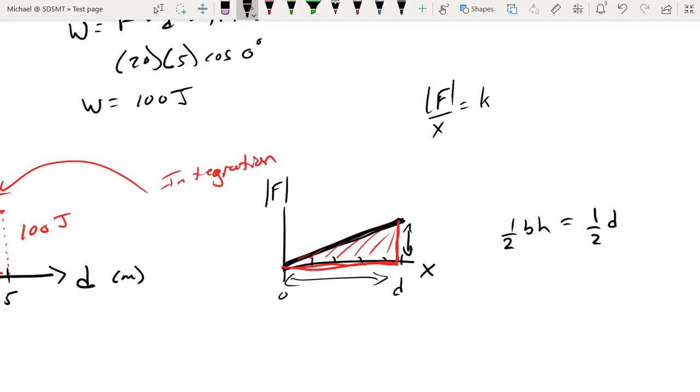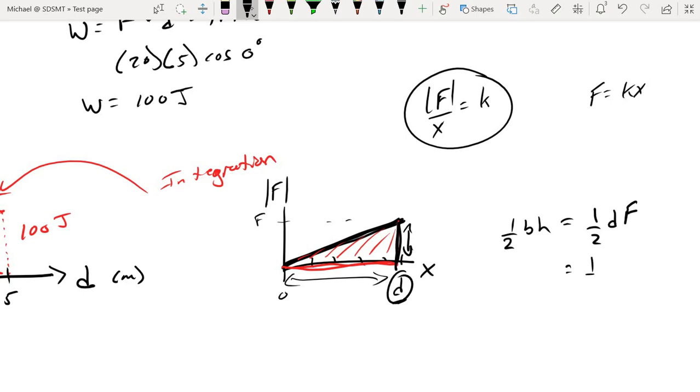The height is the magnitude of the final force value evaluated at D, which is kx, except x is equal to D at the final value. And so all of this ends up being 1/2 D times kD, or 1/2 kD squared.